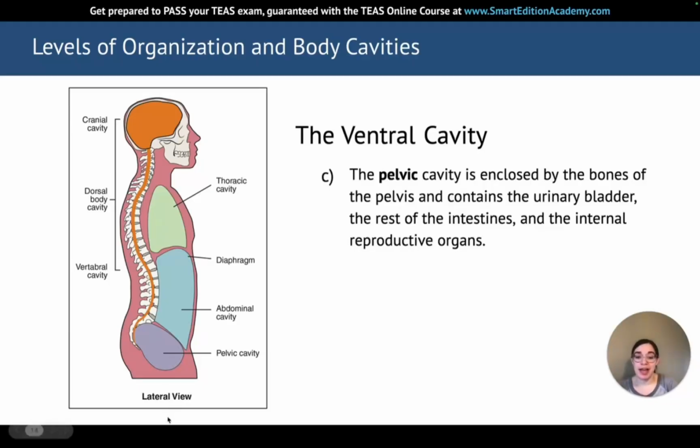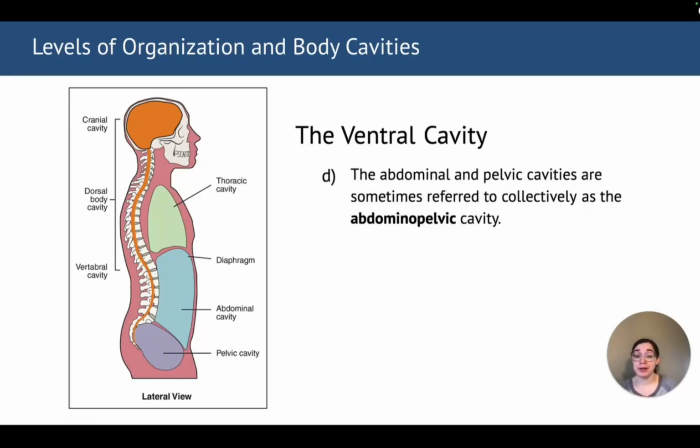Below the abdominal cavity, we have the pelvic cavity, which is enclosed by the bones of the pelvis. It contains the remainder of the intestines, as well as the urinary bladder and the internal reproductive organs. Now, sometimes people refer to the abdominal cavity and the pelvic cavity collectively as the abdominopelvic cavity, but they are technically 2 separate cavities.